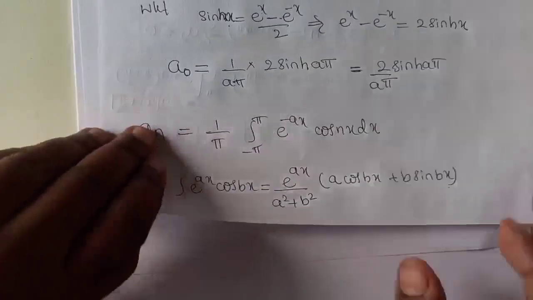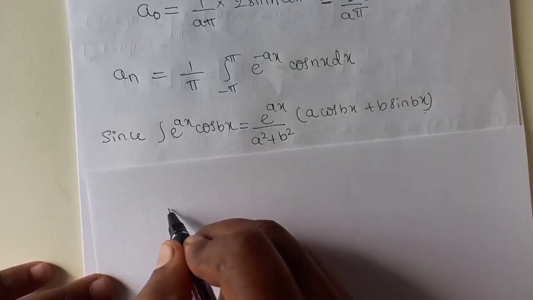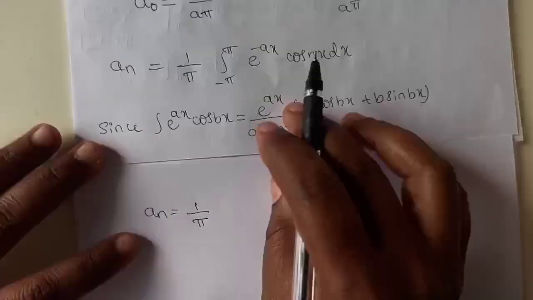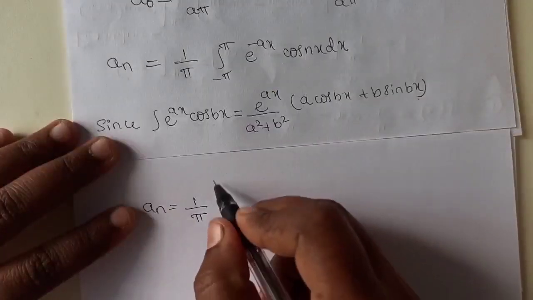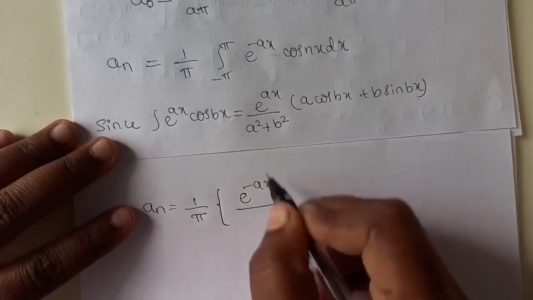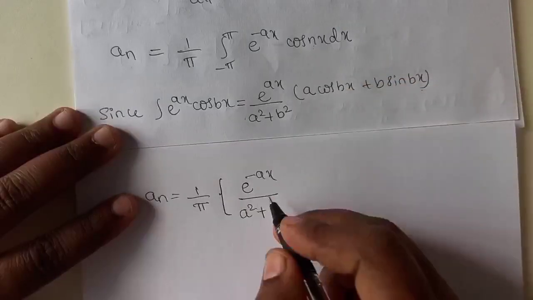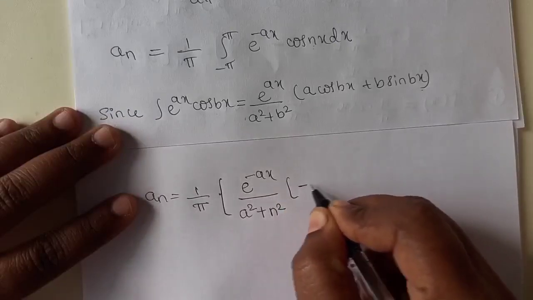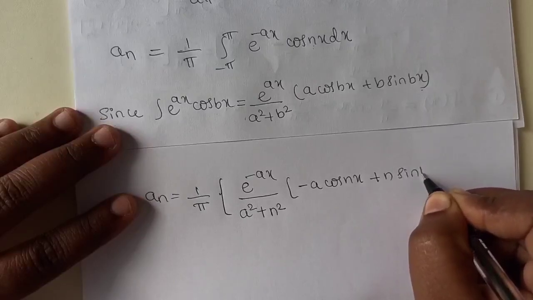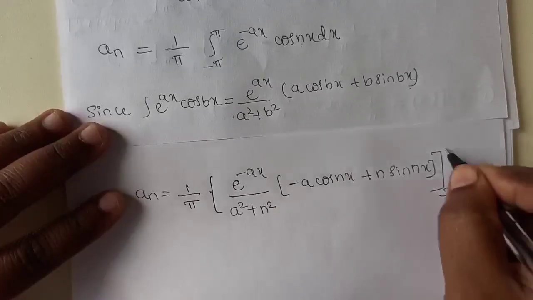So aₙ = 1/π; in the place of a we have −a, so we get e^(−ax)/(a² + n²) times (−a cos nx + n sin nx), with the limits −π to π.